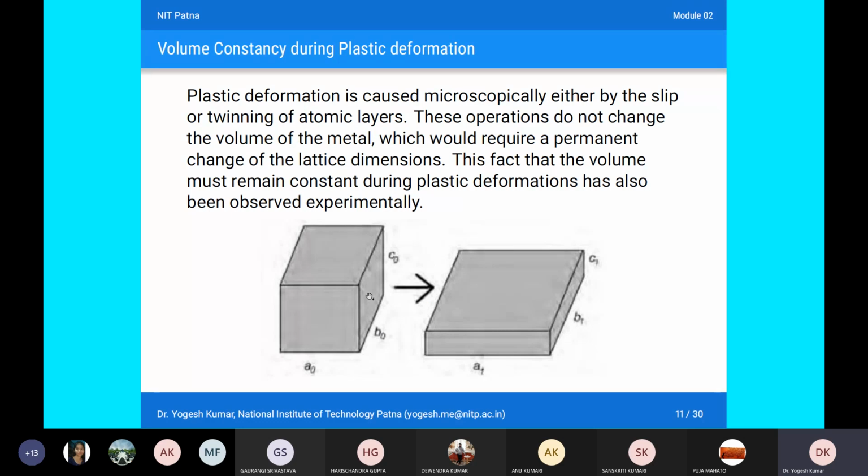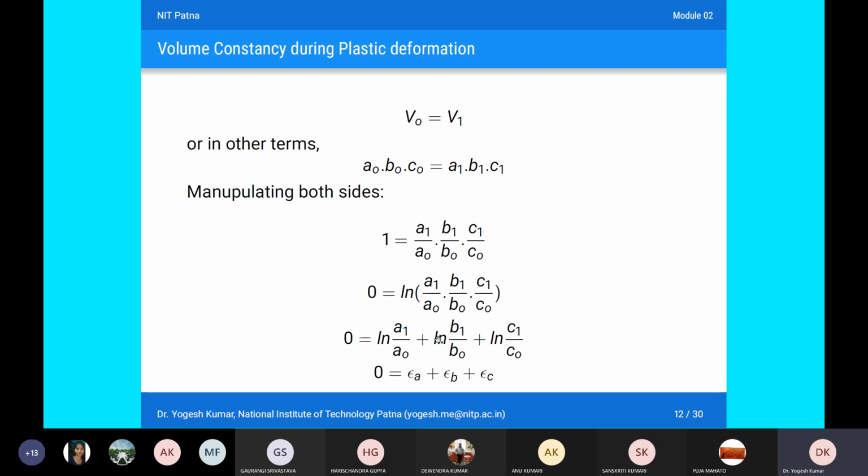So here, by considering the volume constancy, because it is obvious that volume would remain constant, what was the conclusion? That the summation of all the three strains, that is along x-axis, y-axis, and z-axis, is equal to 0. This we have concluded in the previous lecture.